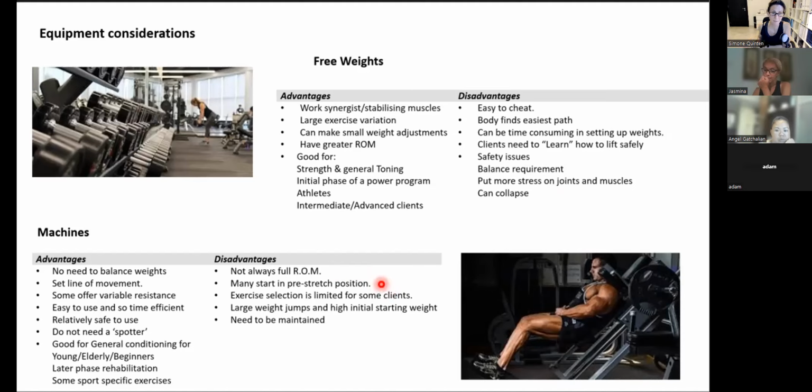Okay, so for example, that is the problem in a sticking point. I don't know whether you've seen a machine, it's called pec deck or butterfly. Yeah, so you will sit, you can still hear me, yeah? So what happens is you will sit on a machine and the pec deck is this. You've seen that?